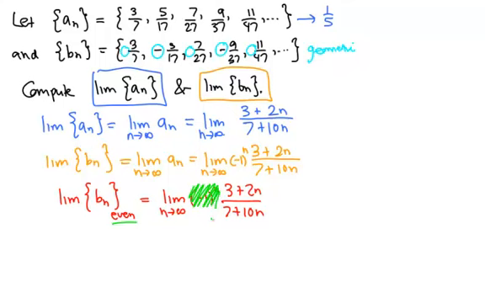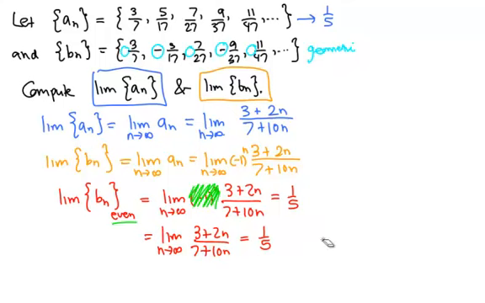And so now what I'm looking at is the limit as n goes to infinity of 3 plus 2n over 7 plus 10n. And that's actually the exact same thing as our original sequence an. So the work we did before shows that this converges to 1/5. The even terms converge to 1/5.